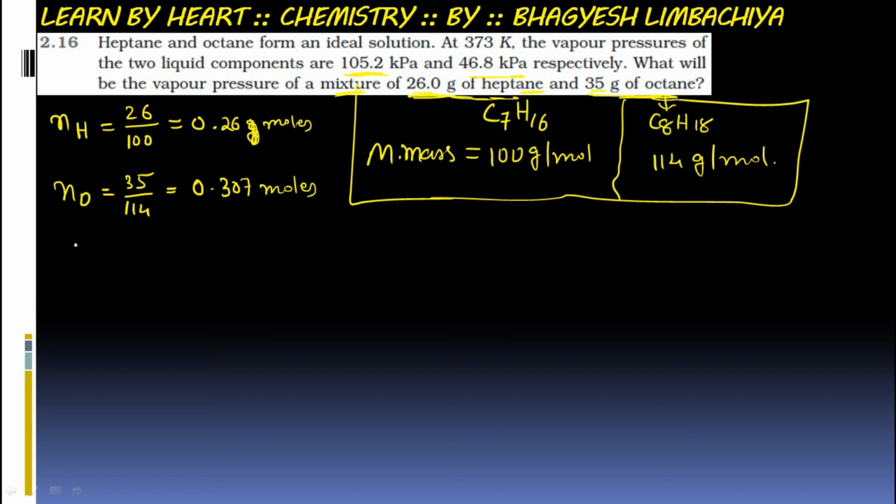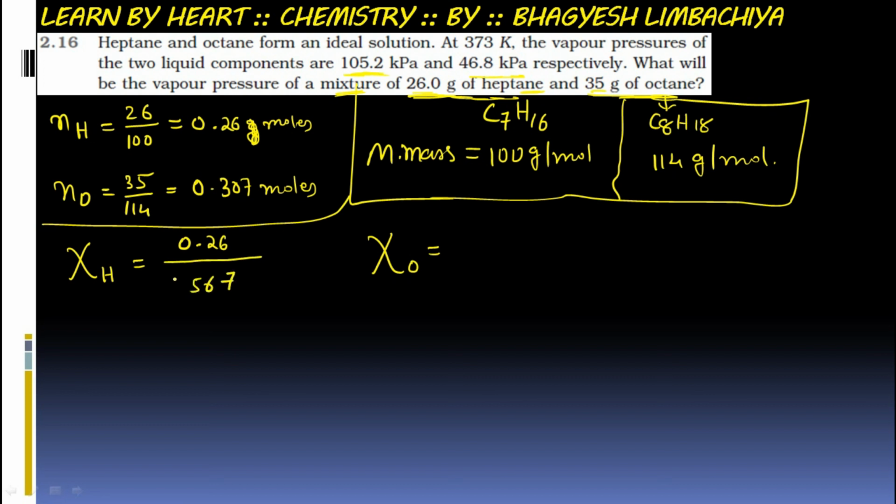Now based on it we can calculate the mole fraction of heptane and the mole fraction of octane. So it will be moles of heptane upon total number of moles, that is 0.567, and by division we are getting 0.45, and here it will be 1 minus the mole fraction of heptane, 1 minus 0.45.